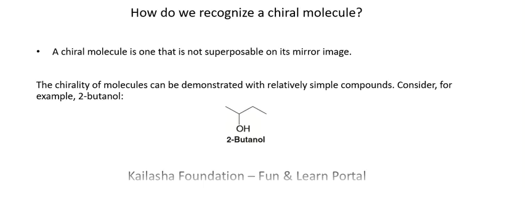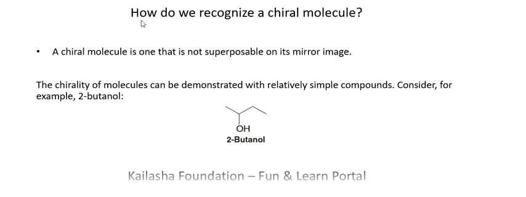Here we can see that in 2-butanol, the second carbon, the carbon at which the alcohol group is attached, has four different groups around it: a CH3 or methyl group, an OH group, a C2H5 or ethyl group, and a hydrogen. So this is a chiral carbon, as there are four different groups around it.